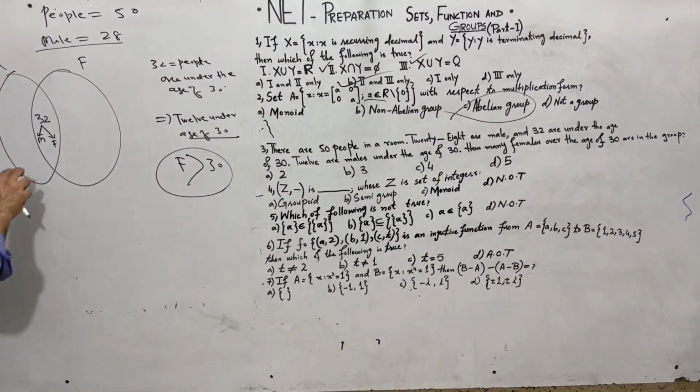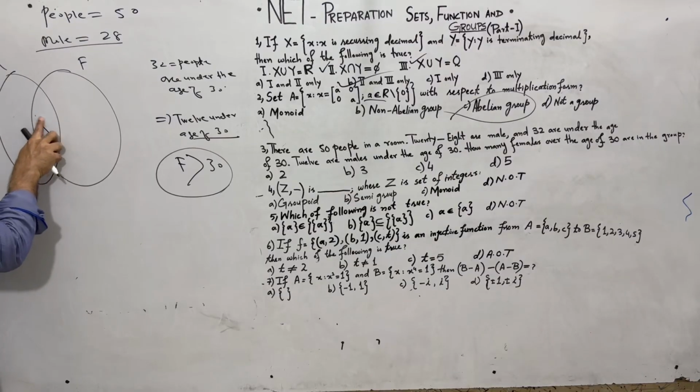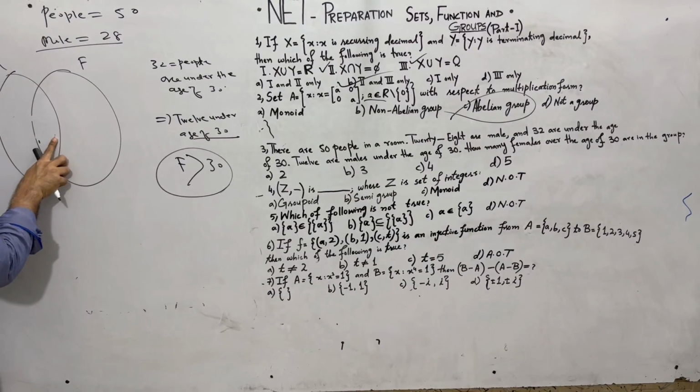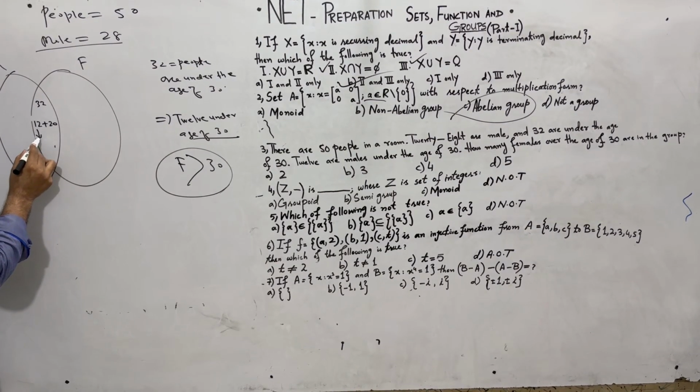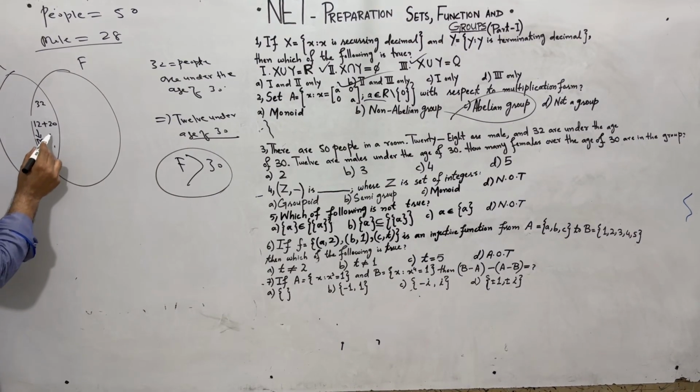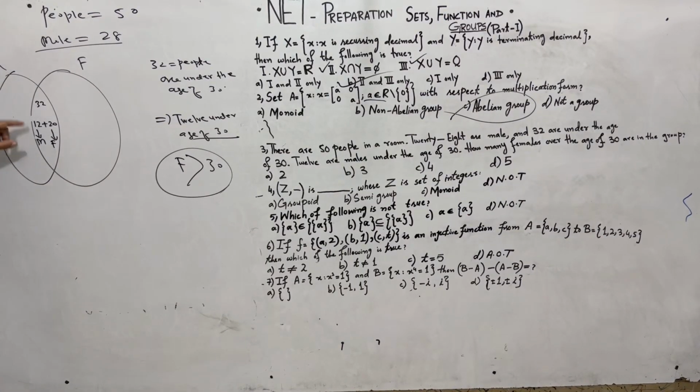So I can split this 32 as 12 plus 20. This is the figure for males under the age of 30, and this is the number of females under the age of 30, 32 in total.